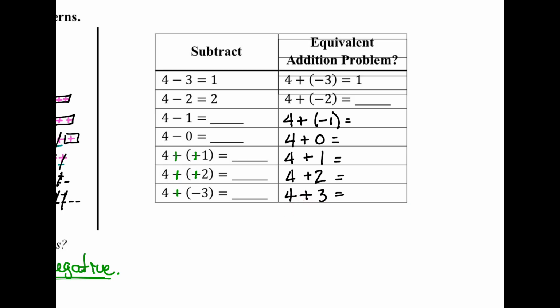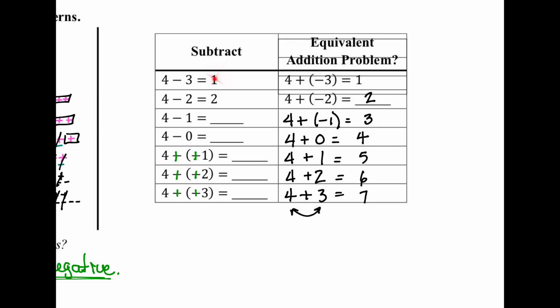Okay, let's finish the answers here. 4 add negative 2 is 2. 4 add negative 1 is 3. 4 add 0 is 4. Can you see our pattern? 1, 2, 3, 4, 5, 6, 7, and that's why adding those two works.